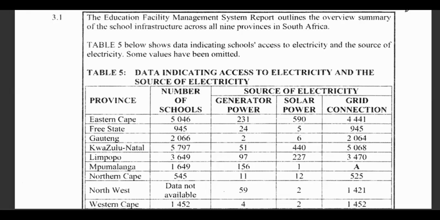They're telling us the Education Facility Management System report outlines the overview summary of the school infrastructure across all 9 provinces in South Africa. Table 5 below shows the data indicating schools' access to electricity and the source of electricity. Some values have been omitted.